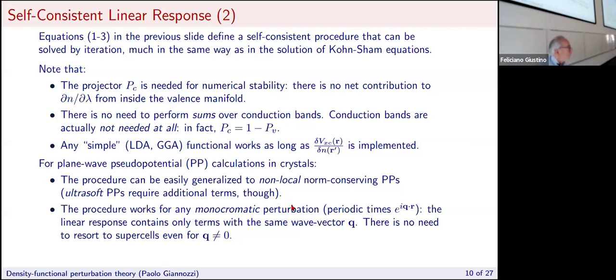This is because, working with linear response, the response has the same monochromaticity as the perturbation. So there is no need ever to use supercells, even for perturbations that have non-zero periodicity, non-zero wave vector.